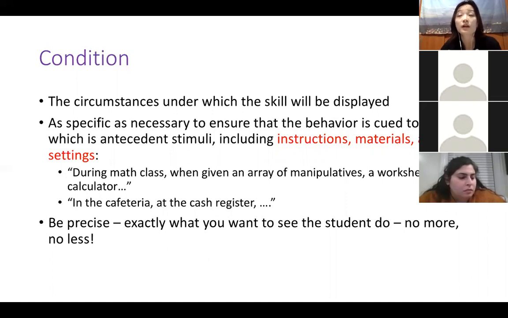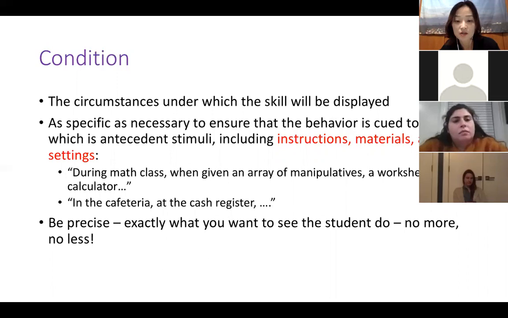And then the material, like with what material the behavior will happen, or setting, in the cafeteria or at the cash register. So it can be setting or materials or teacher's instruction with someone. So you are going to specify the situation.